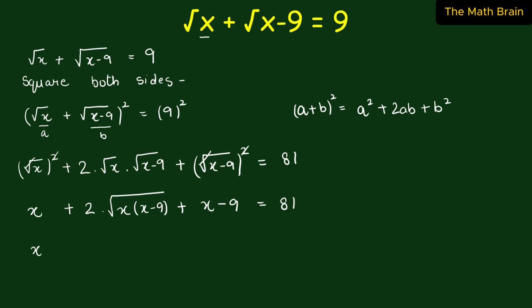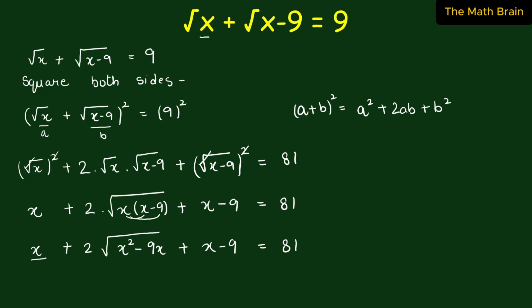From here we will get x + 2√(x² − 9x) + x − 9 is equals to 81.